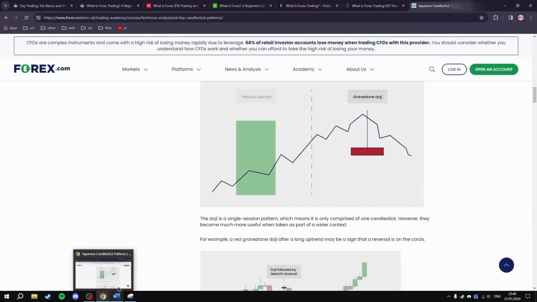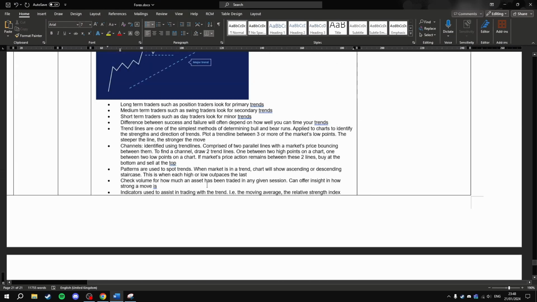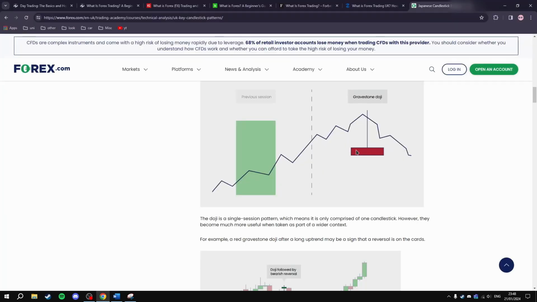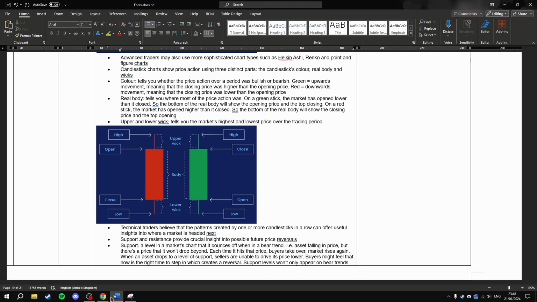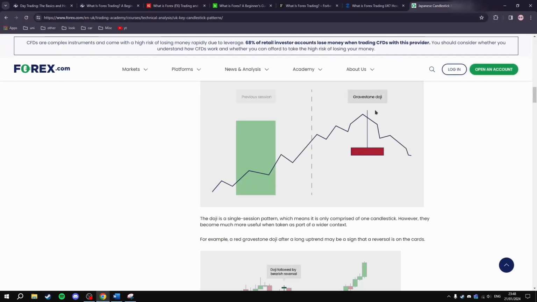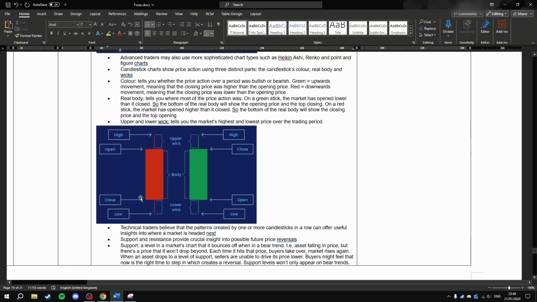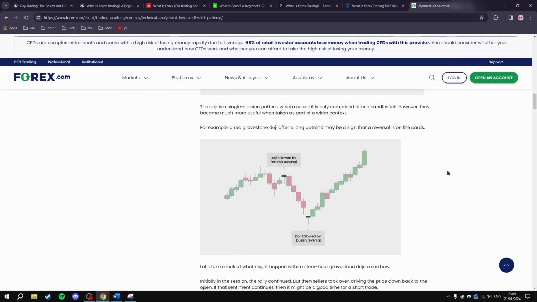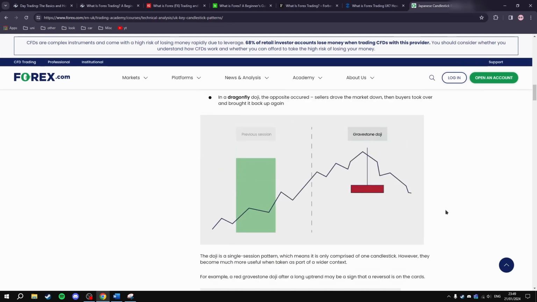Because if it's a red one, it opens here, the prices kept climbing, and then it closes here, which is at its lowest. So the prices fell, hence the downward trend.